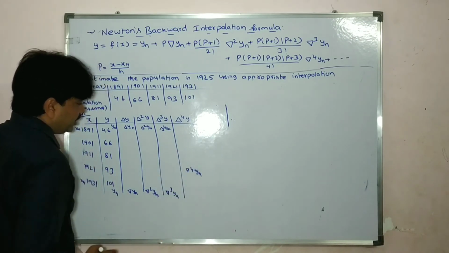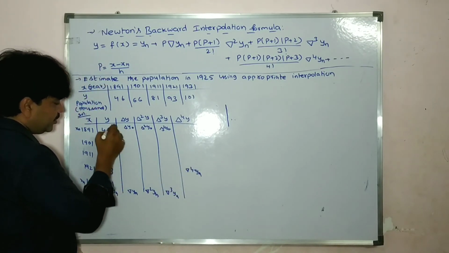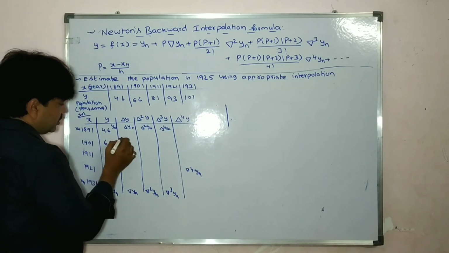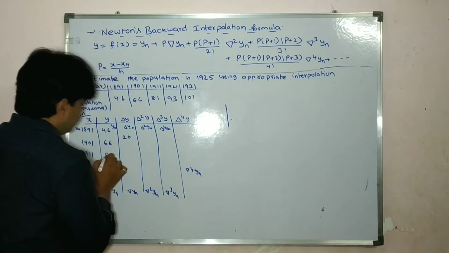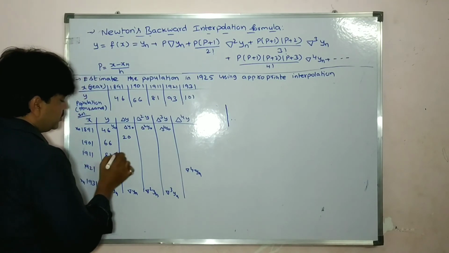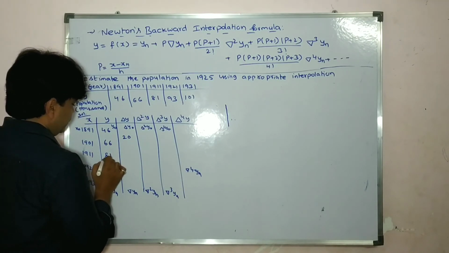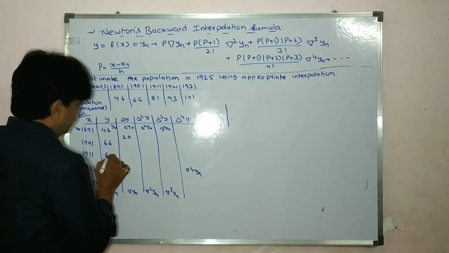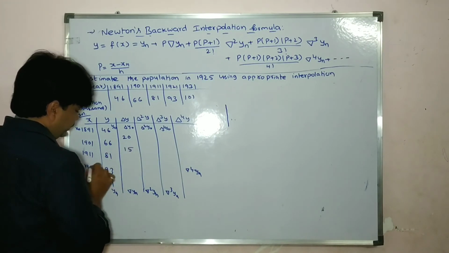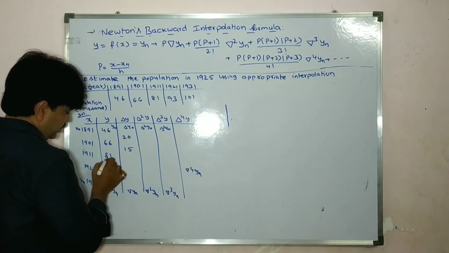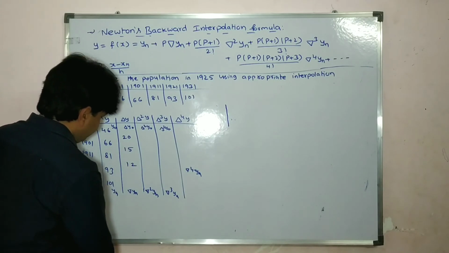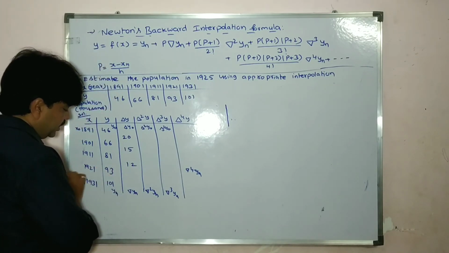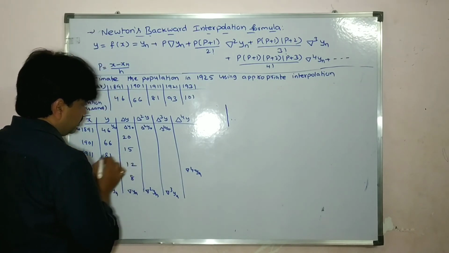How do we get del y naught? 66 minus 46, 20. 81 minus 66, 15. 93 minus 81, 12. 101 minus 93, 8.